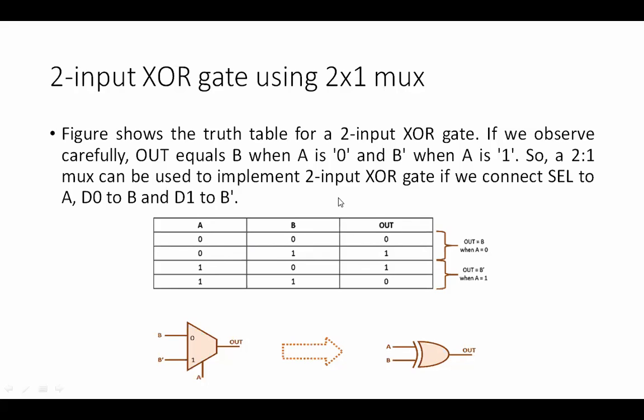Because for 0, 0 you're getting 0, and for 1, 1 you're also getting 0. So I can only conclude that the inputs are same or different. That's it. Do you all agree with me? Yes, sir. So I cannot say I'm getting 0 because A and B are 0. I'm even getting 0 here when A and B are 1. Right.